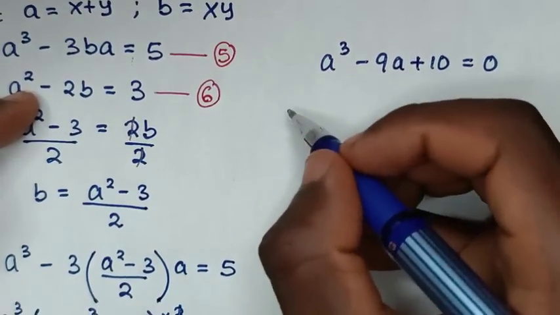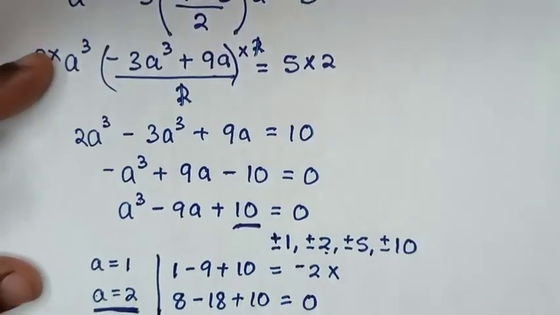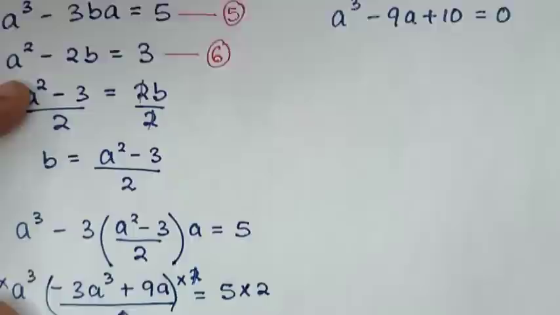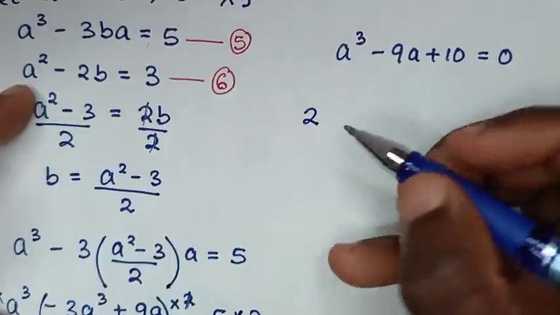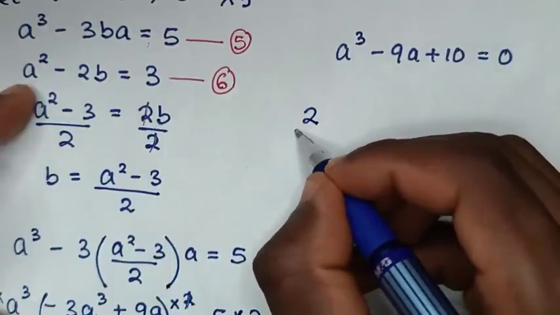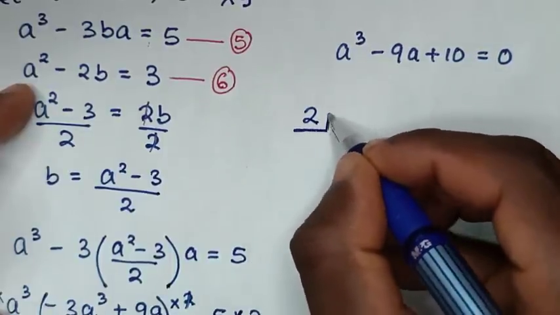And for the value of this a is equal to 2, so we divide by a is equal to 2.